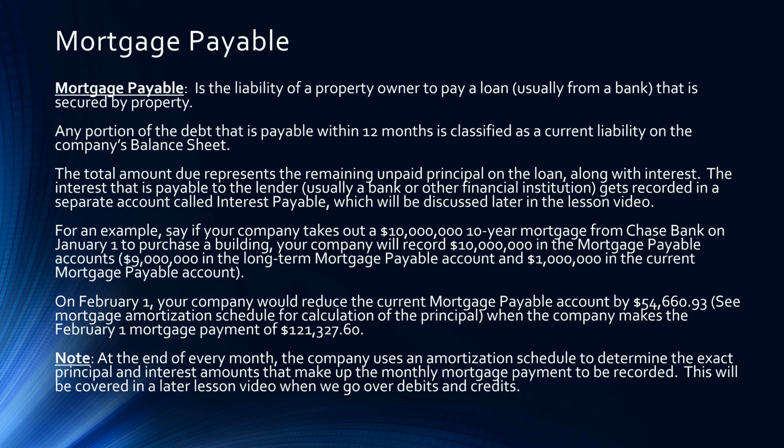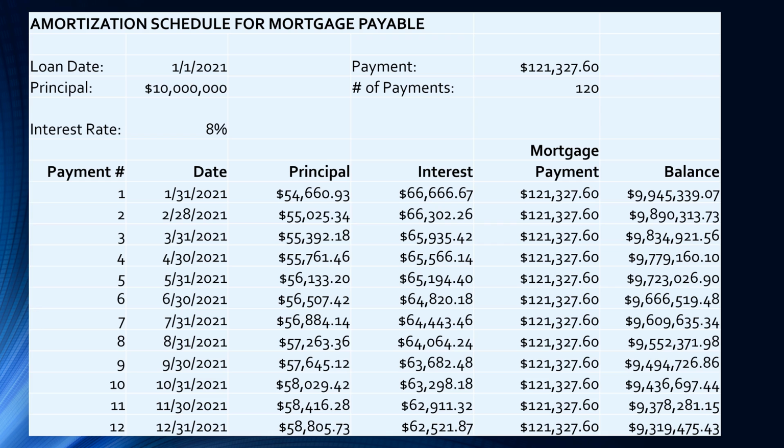Note, at the end of every month, the company uses something called an amortization schedule to determine the exact principal and interest amounts that make up the monthly mortgage payment to be recorded. This will be covered in a later video lesson when we go over debits and credits in more detail, when we get into the calculations.